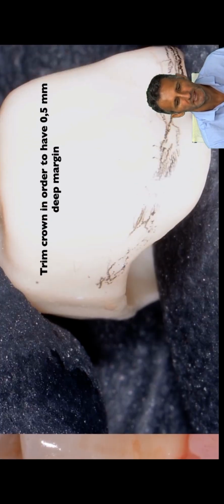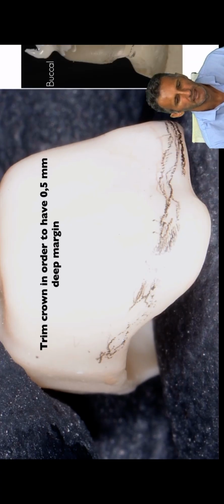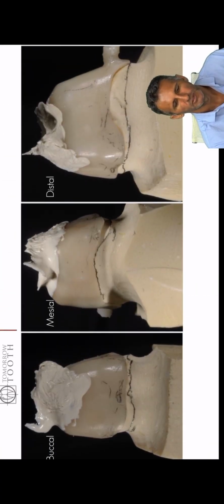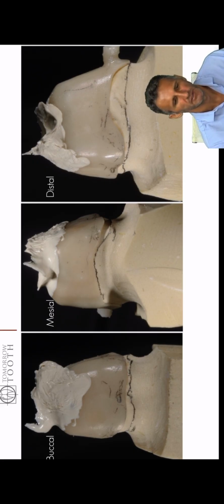I showed the pencil, and look here how subgingival this crown is going after more or less 1 week. We want to be just 0.5 millimeters inside the sulcus, and look here instead how deep I am. Look distal. Look distal, I have to cut something like 2 millimeters of the crown.